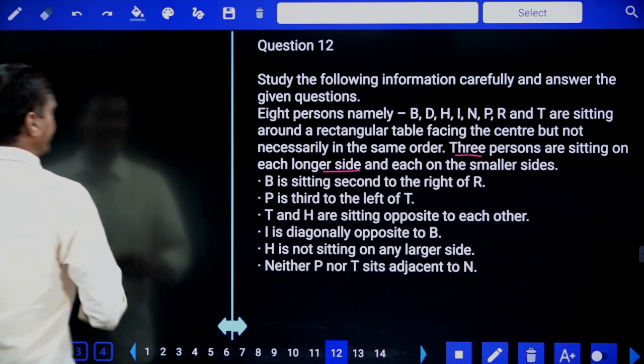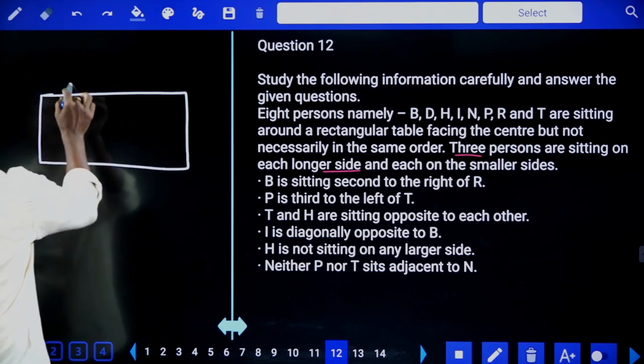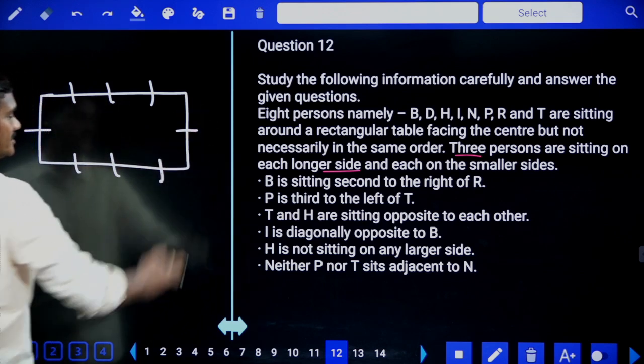Now in this one, 8 persons. Now this is the rectangular table we have. 3 persons along each of the longer sides and 1 person each on the shorter side.